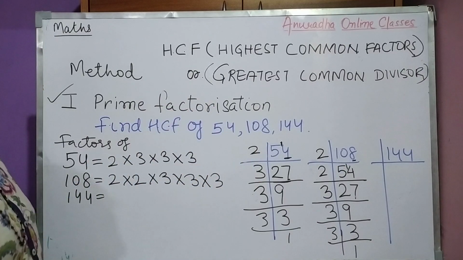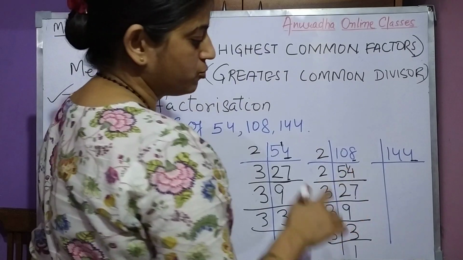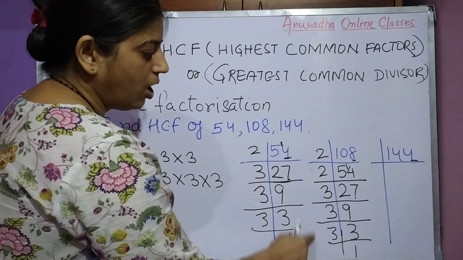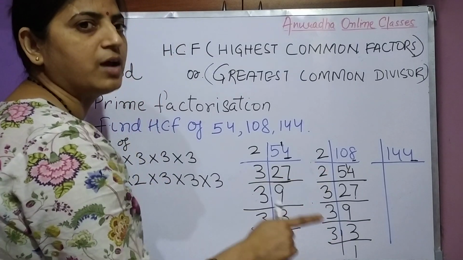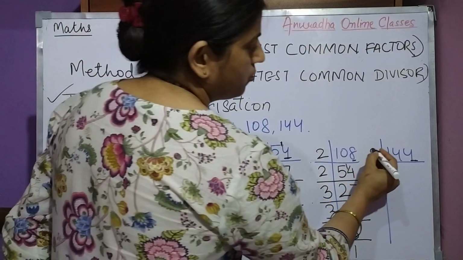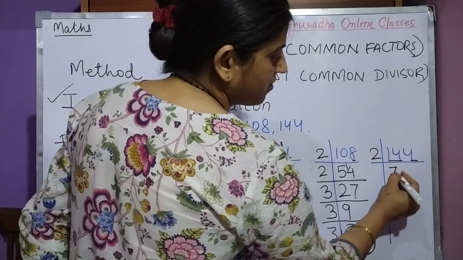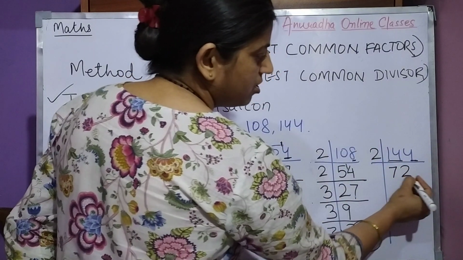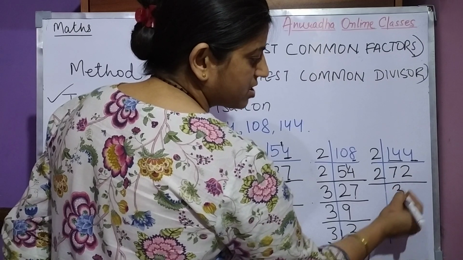Okay. Now let us come to the next. Again see the unit place. This is 4. It will go with 2. One important thing. All the numbers which you are writing here must be the prime number. It is prime factorization. Okay. So firstly we have taken 2. 2 7s are 14. Now 2 2s are 4. Now 2, 2 3s are 6.